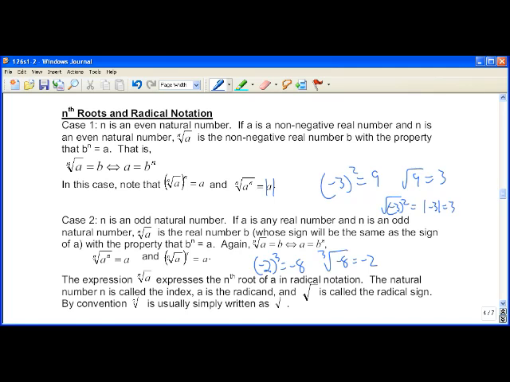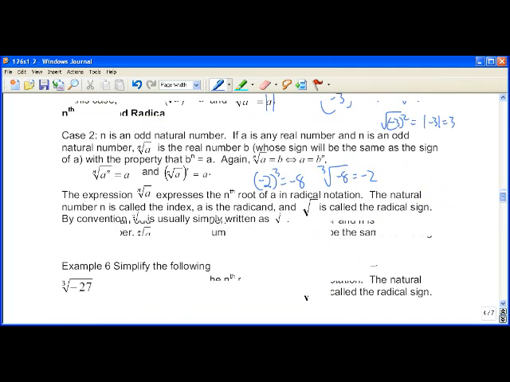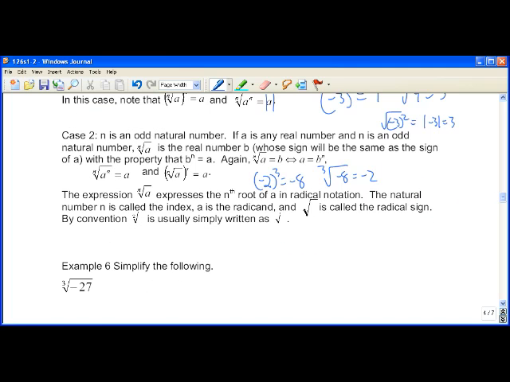The natural number n is called the index, a is the radicand, and that square root symbol is called the radical sign. By convention, the second root is usually just written as the square root. The point is, if you don't see an index on the radical, it's a 2.